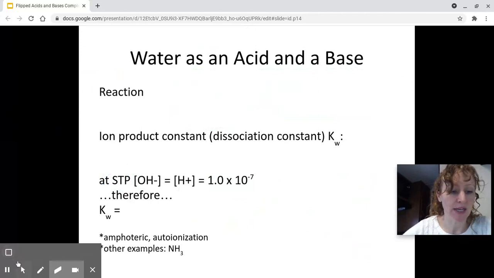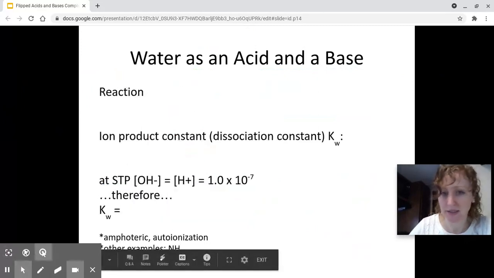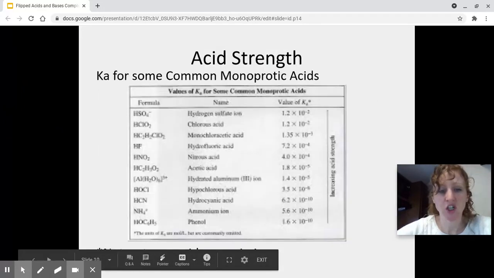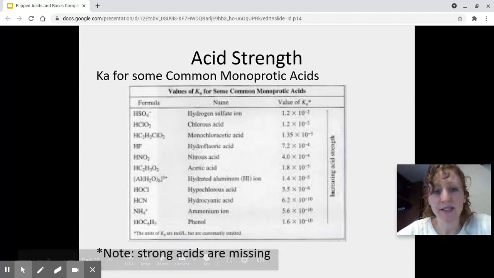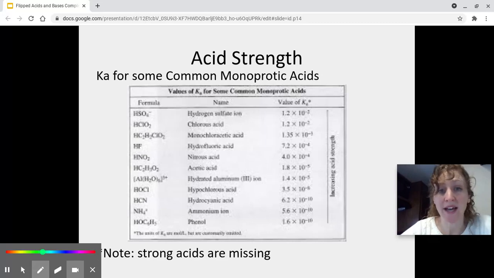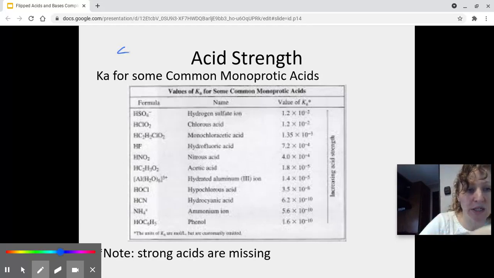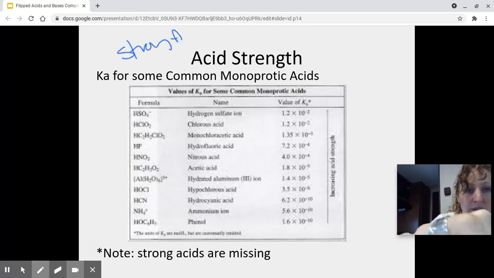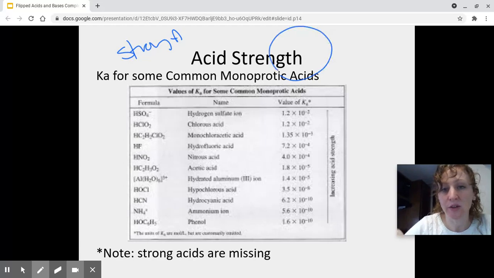Let's look at this chart again. These are some Ka values for some common monoprotic acids. And notice they're all weak acids, right? There are no strong acids on here. Strong acids would be up here and would have K values that are very large, larger than what's listed.